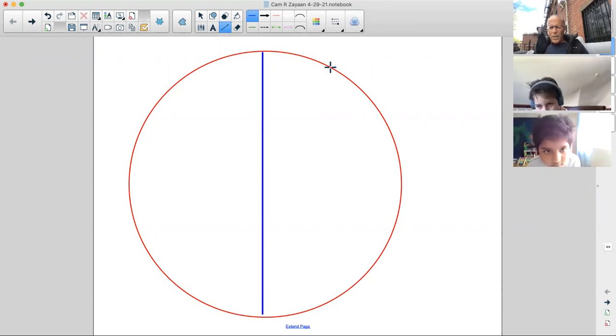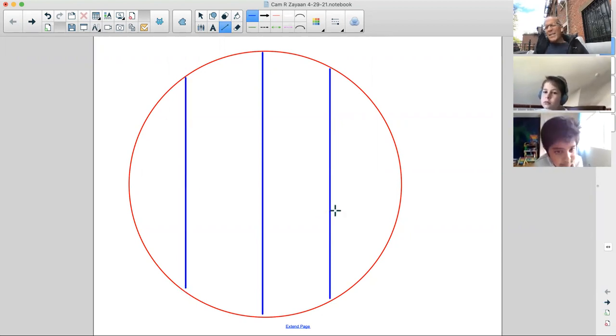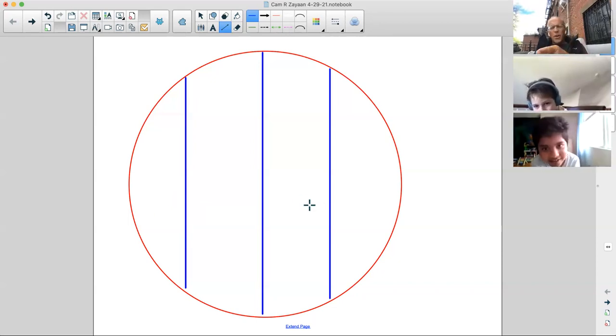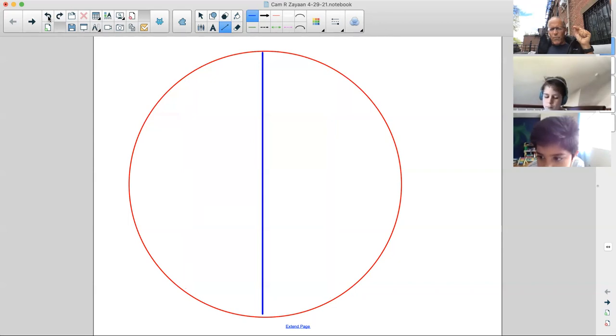But what I think you're talking about, Zion, is cutting it vertically like this, and that does not create equal units. Cam was really smart to do a vertical line down the center, and you were really good at math to know that that doesn't give you equal fractions.